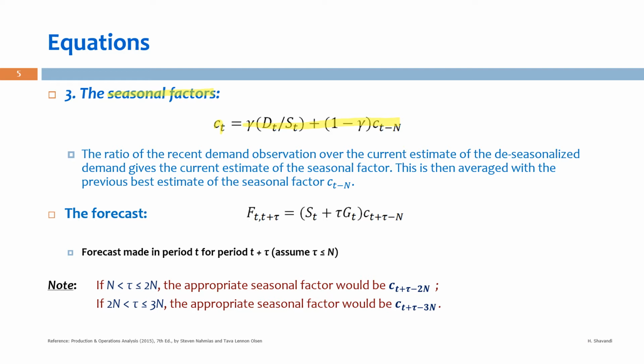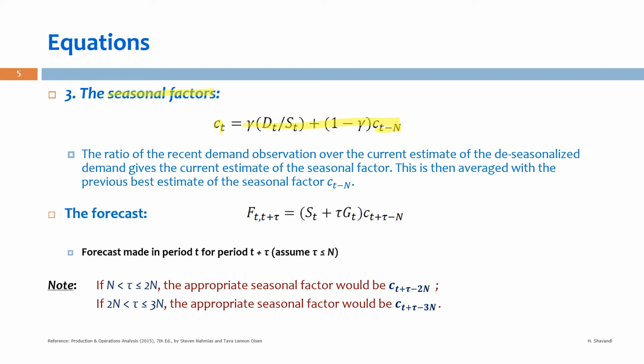So this gamma is the smoothing factor or parameter for seasonal factors. dt divided by st will be the actual demand divided by the forecasted series, so it will give us somehow an estimate of the seasonal factor. And then we have the previously obtained seasonal factor, which is ct minus n. So we are taking a weighted average between these two, and it will update the seasonal factor for period t.